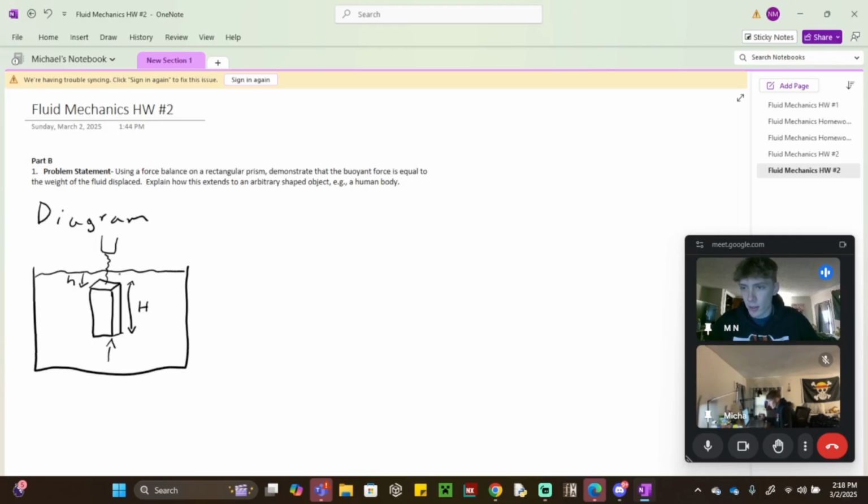We're also going to give our rectangular prism a cross-sectional area of big A. And so we have this acting on the bottom, which is at depth small h plus big H, and the top of our rectangular prism is at depth h.